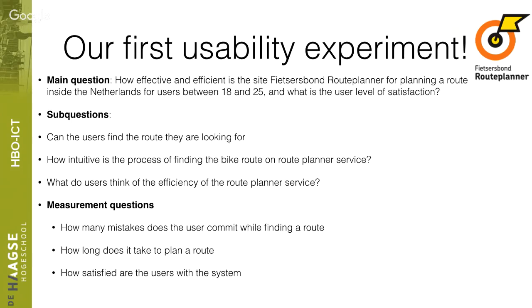You need to remember these things because these are the things that you're going to do in your experiment. So you can start writing these down. Because when we are running the experiment, I'm going to have the tasks that the users are going to do on the screen. Okay, so mistakes, the time, and the level of satisfaction at the end of the experiment.